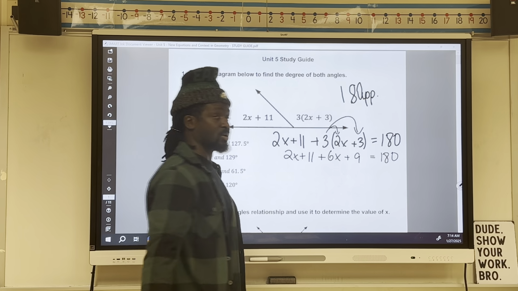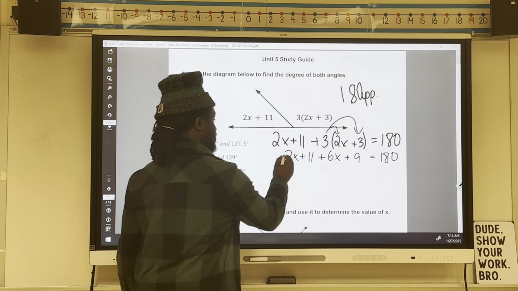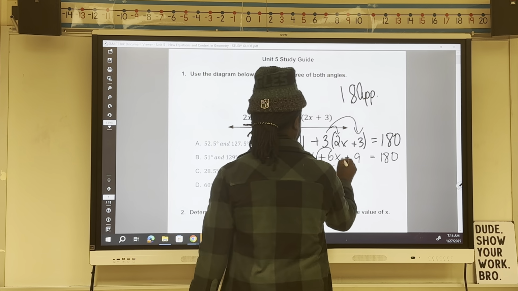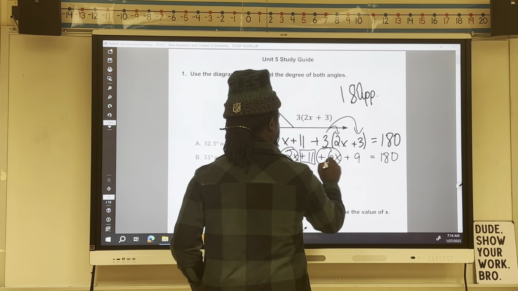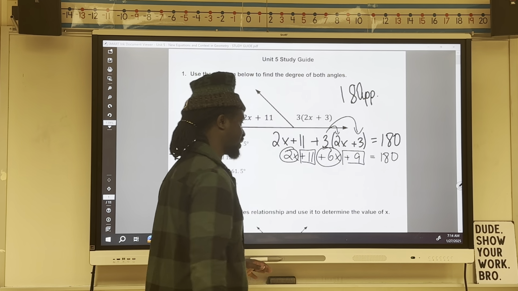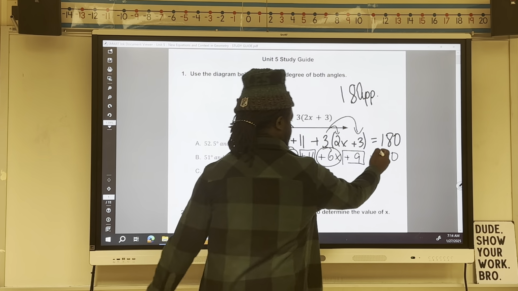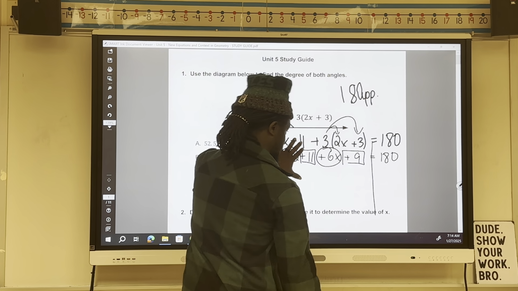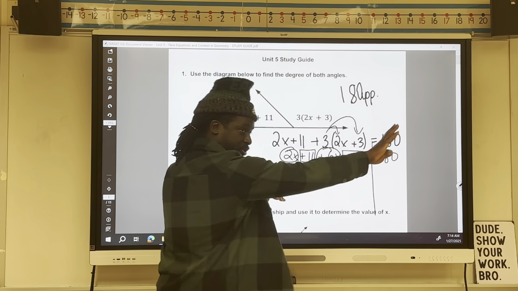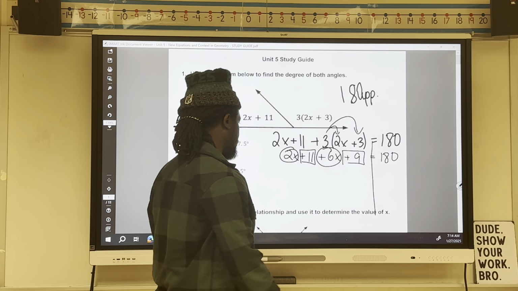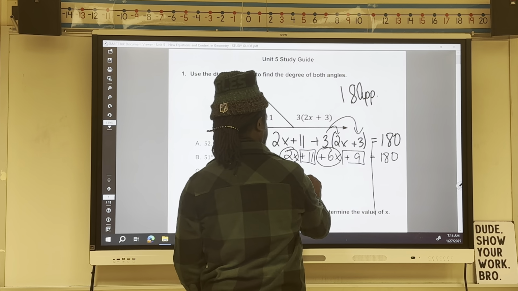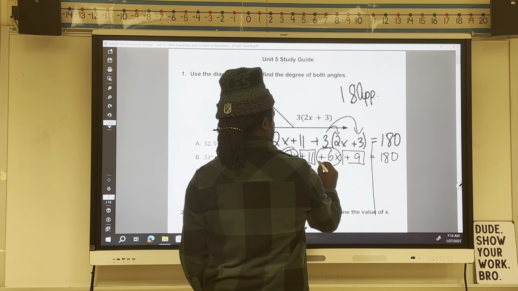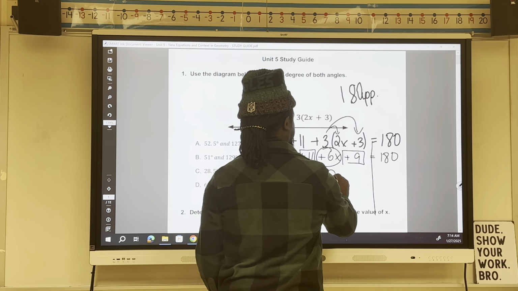Now I need to combine the like terms. I'm going to put circles around the first set of like terms, then a box around the other set. Remember, this is an equation, and I can't combine this because it's on the other side of the equation. Combine the 2x and the 6x, that gives me 8x. The 11 and the 9 give me 20.